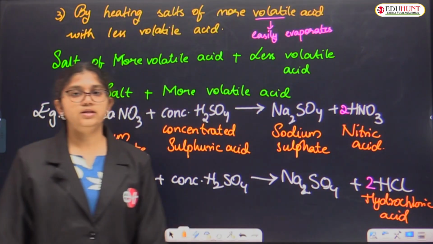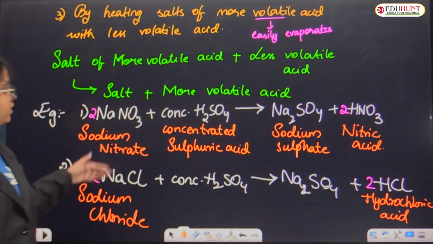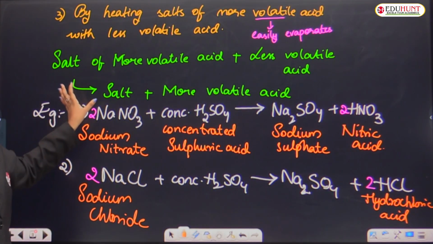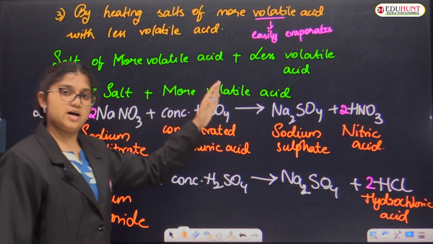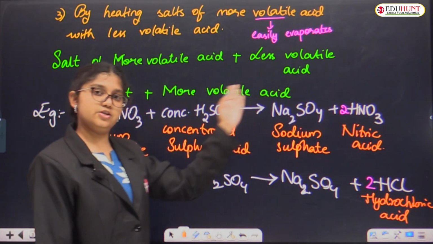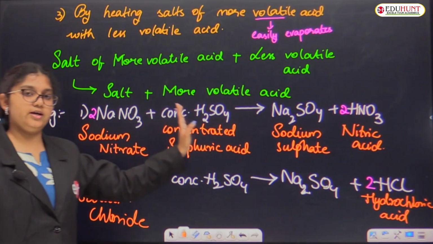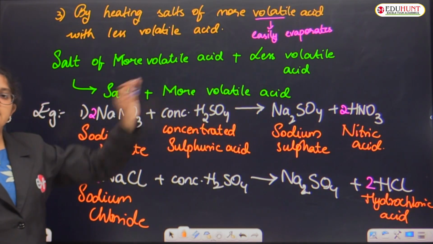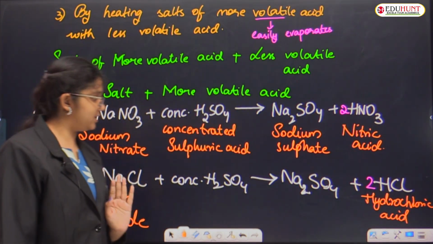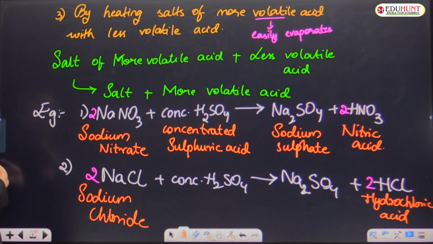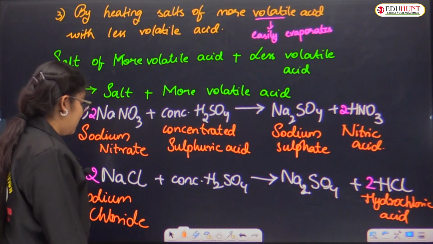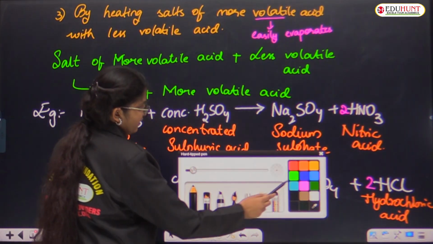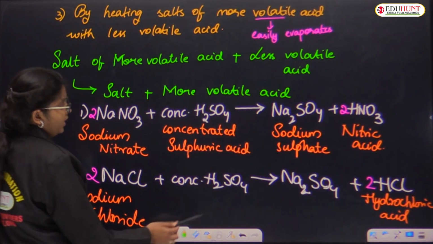This is the second example for you. Okay, clear? When salt of more volatile acid reacts with less volatile acid, it gives rise to salt and more volatile acid. What's the meaning of volatile, children? Easily evaporates. Now, this is all about the third method, by heating salts of more volatile acid with less volatile acid. So here I'll write down heating, no?